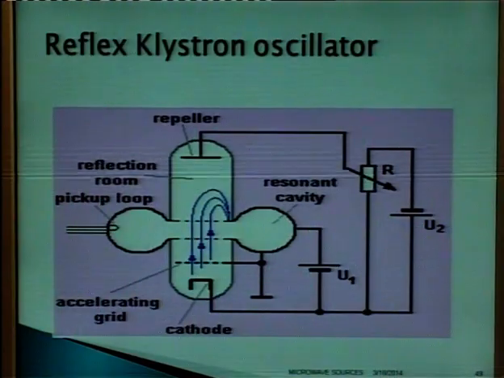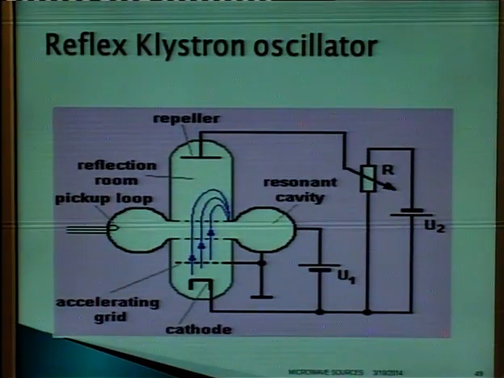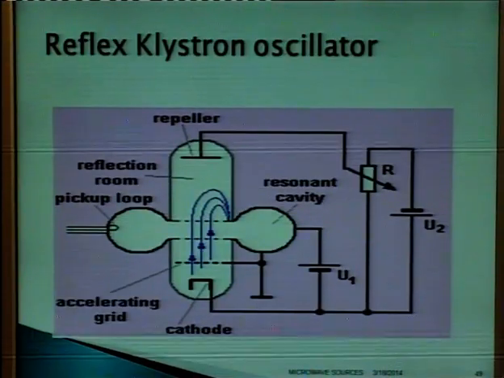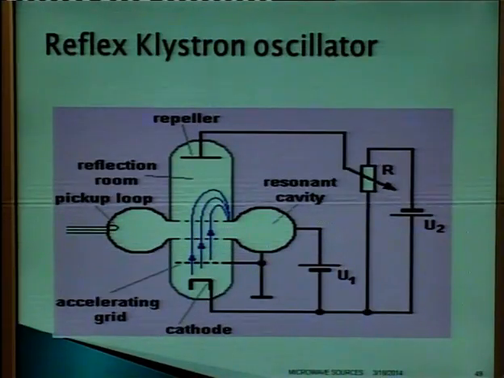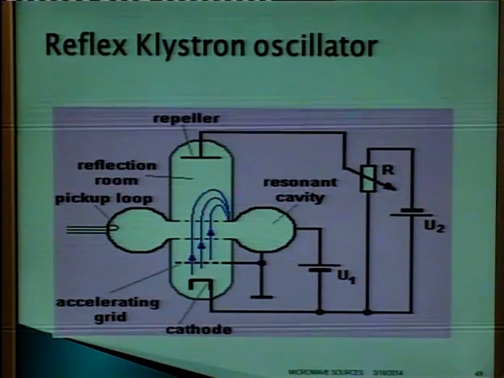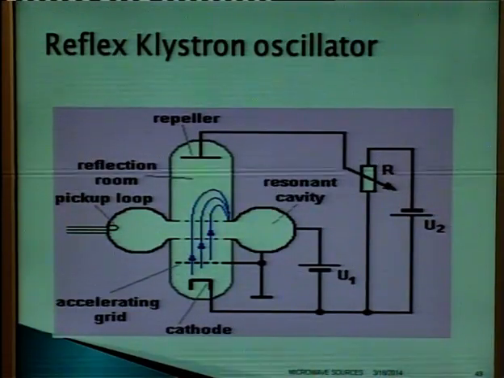This is the reflex klystron, a modification of the klystron in which we have just one single cavity. From the cathode the electrons are emitted and there is a repeller voltage.